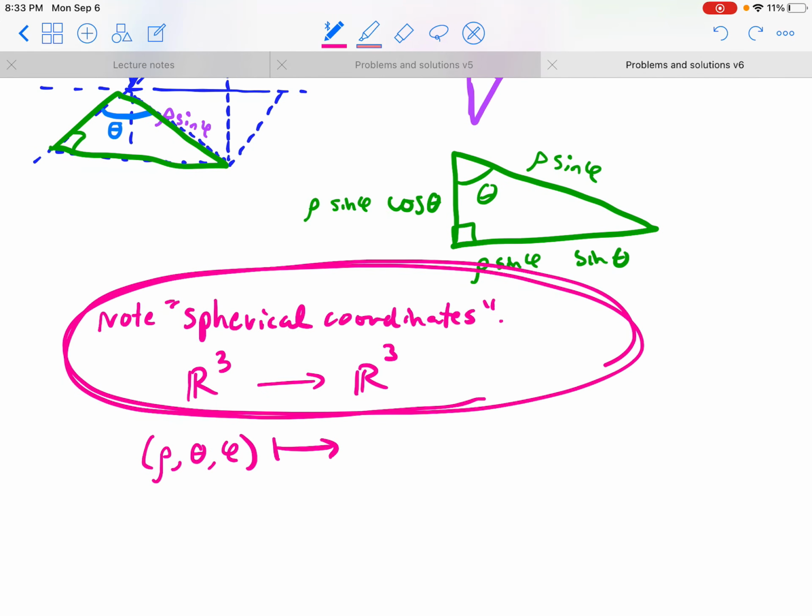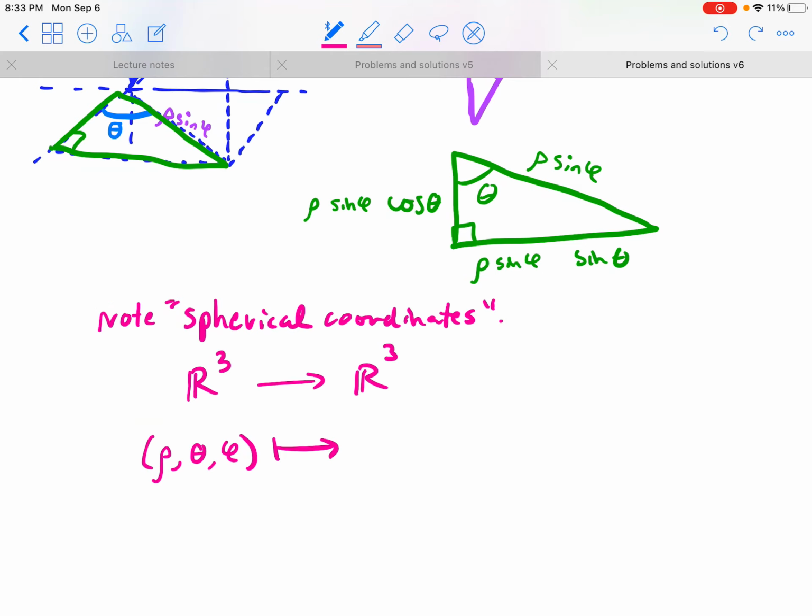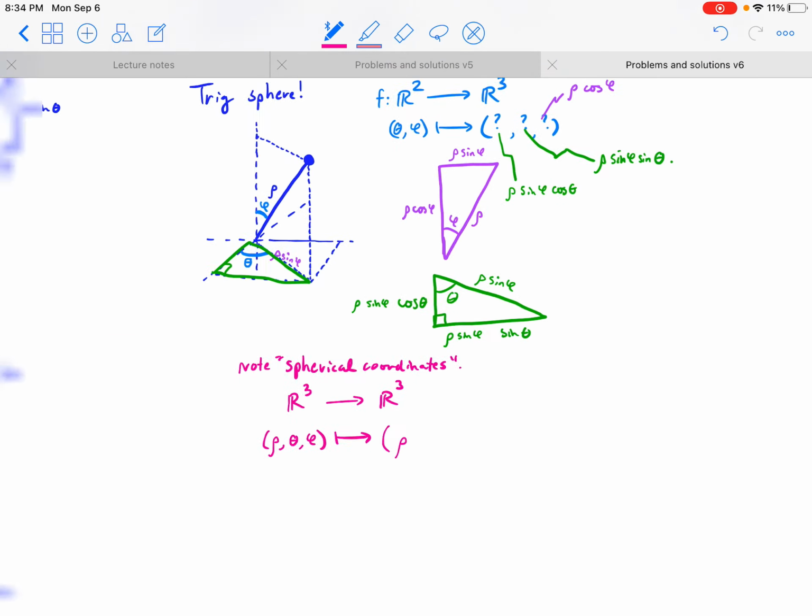This is very important because when a problem has spherical symmetry, you cannot solve it until you utilize that symmetry by changing coordinates.